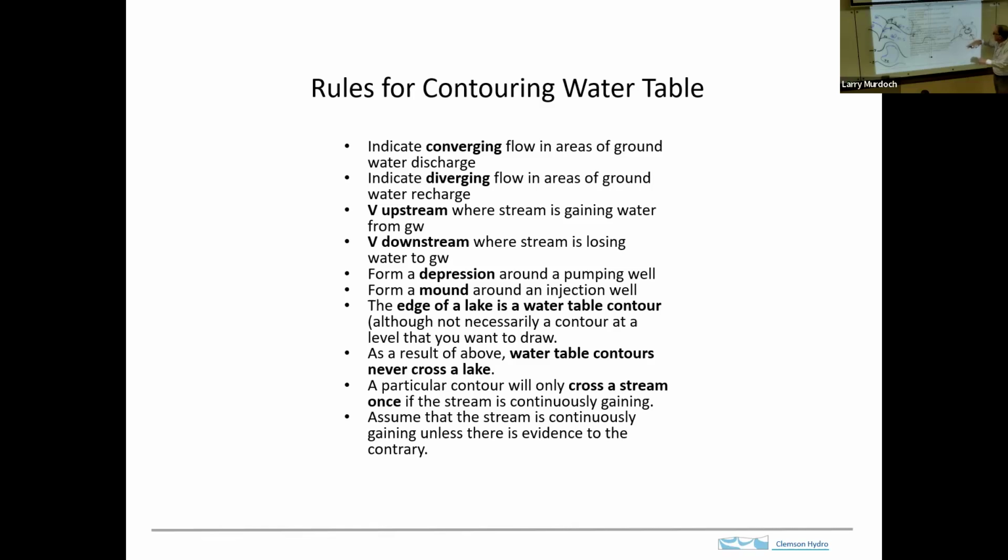And similarly, if we have a mound, then that's some kind of a source, either a recharge zone or maybe an injection well, this kind of thing, closed contours. Your first guess would be that this is a well, or perhaps a series of wells. Okay, so those are some rules that are particular to contouring the water table that we also want to make use of.